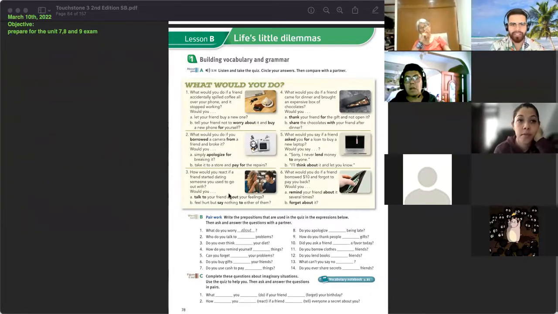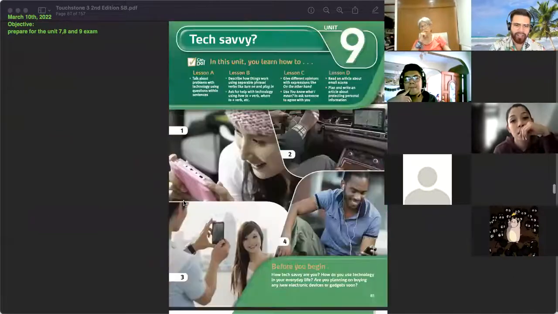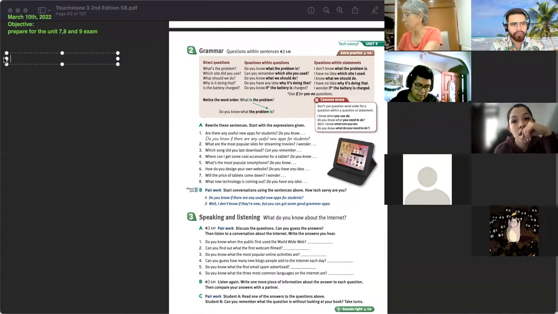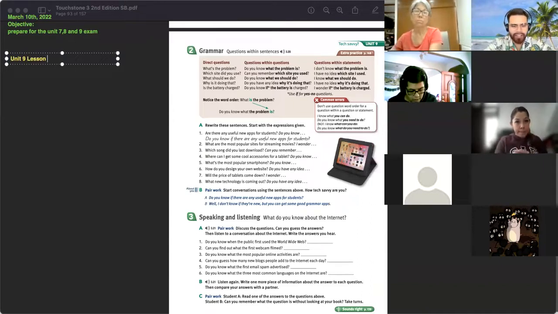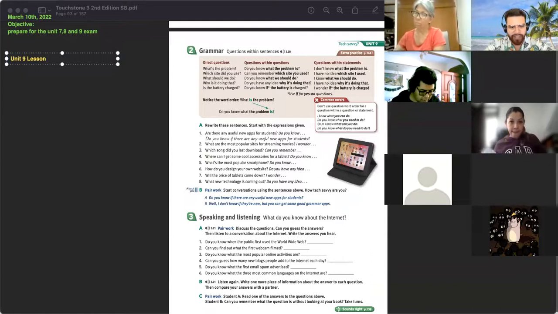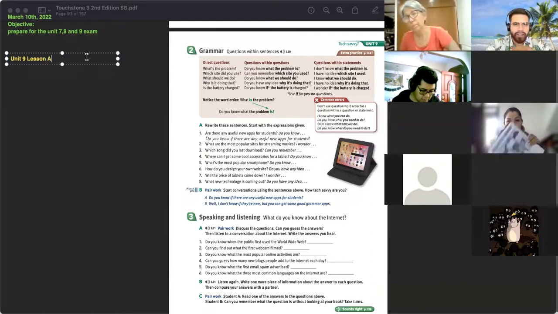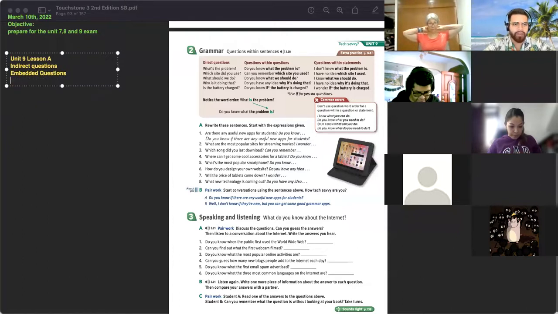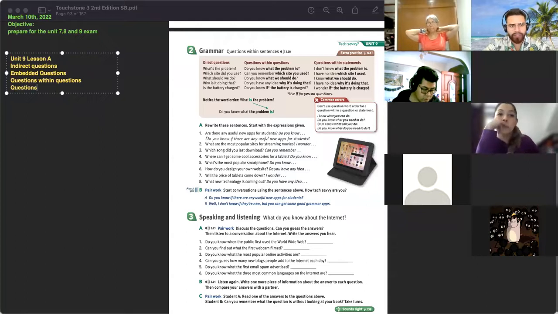Now, our most recent lessons, Unit 9, Lesson A. Please open your book to page 87 so you can use the grammar box or the grammar chart to help you. Well, no, sorry, Lesson A. In this lesson, we practice indirect questions or embedded questions or questions within questions and questions within sentences.